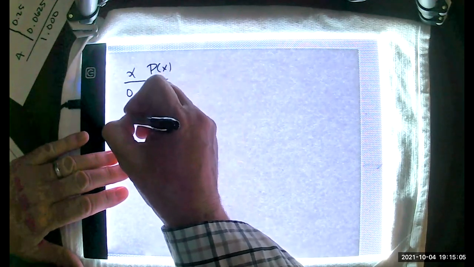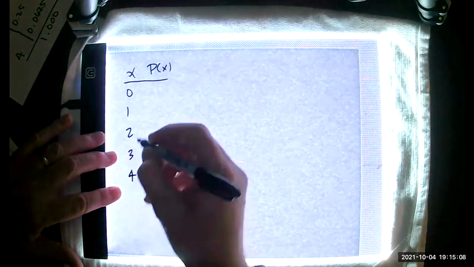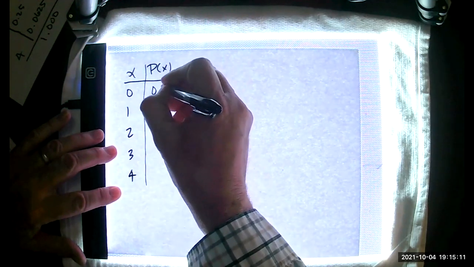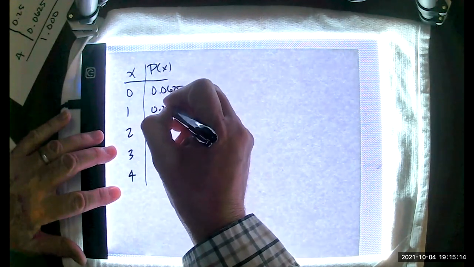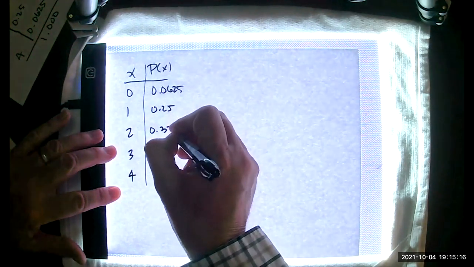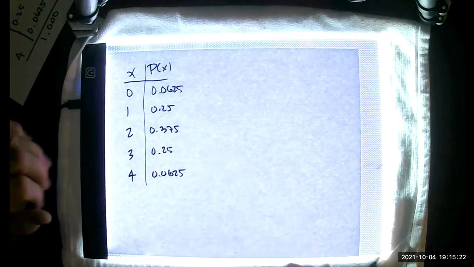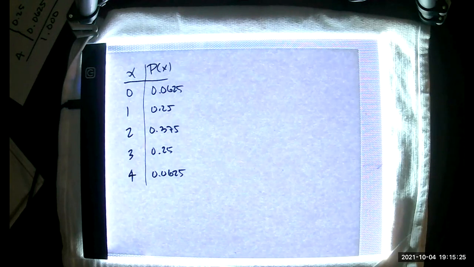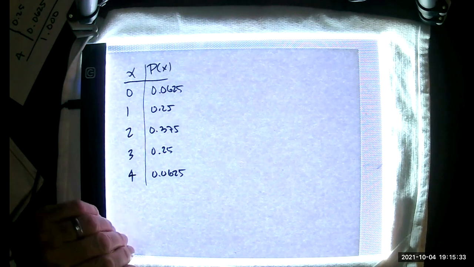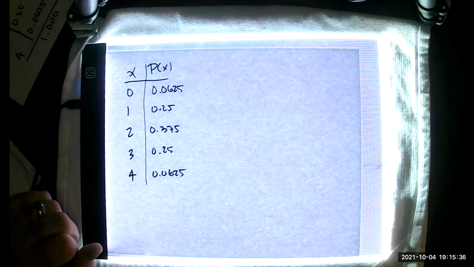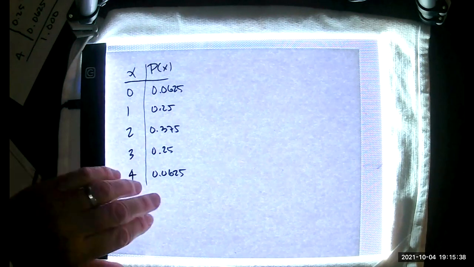I need that table back, so I'm going to recreate that table. 0, 1, 2, 3, and 4. 0.0625, 0.25, 0.375, 0.25, 0.0625. And by the way, if you are wondering, the distribution does approximate a normal distribution. It's very bell-shaped.